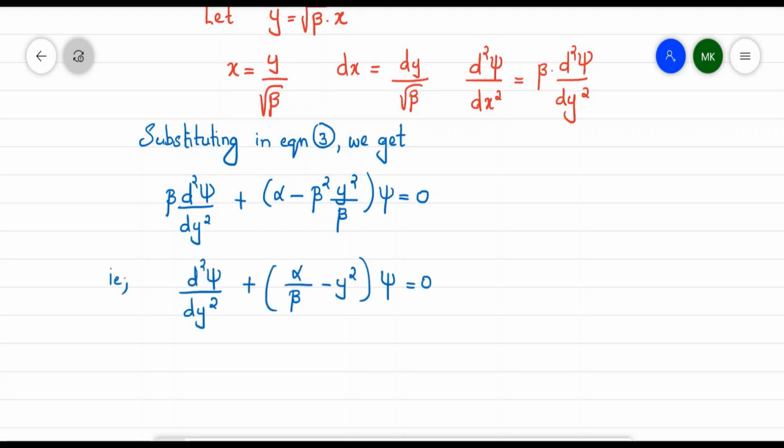That is, we can also write d square xi by dy square plus alpha by beta minus y square into xi equals 0.